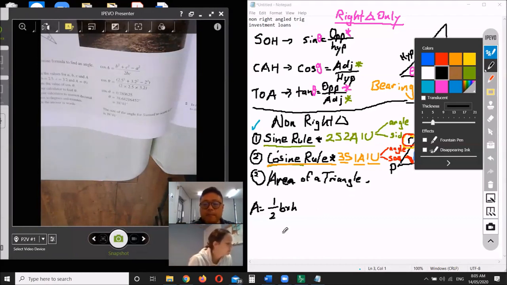But if you don't have the perpendicular height, but you do have two sides and the included angle, then it's half A times B, half the two sides multiplied together, times the sine of its included angle.